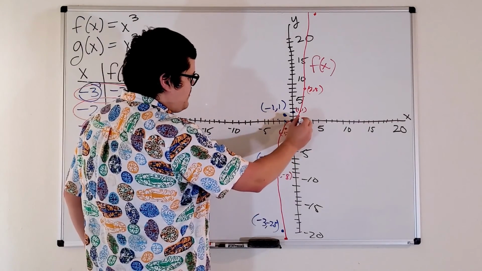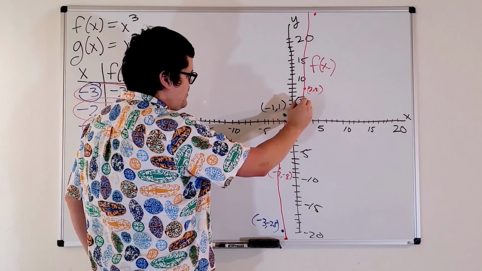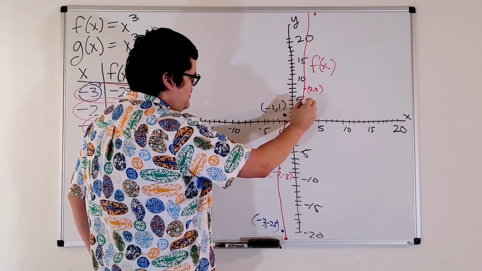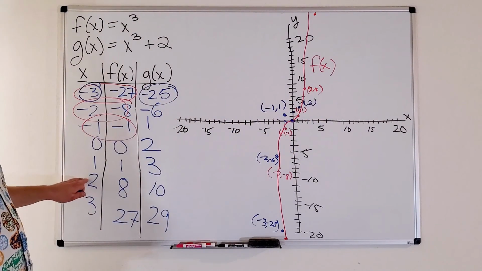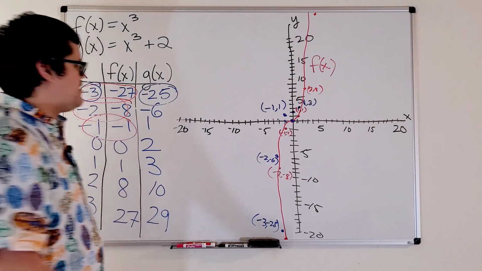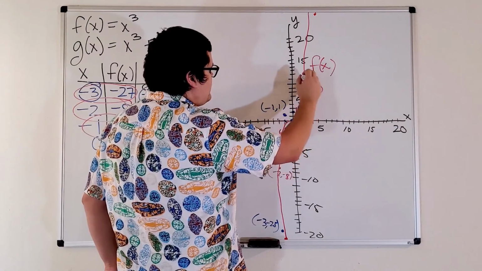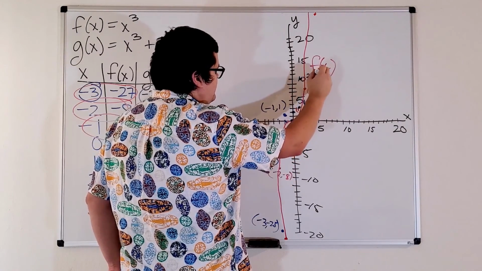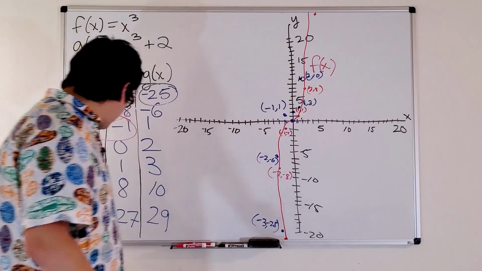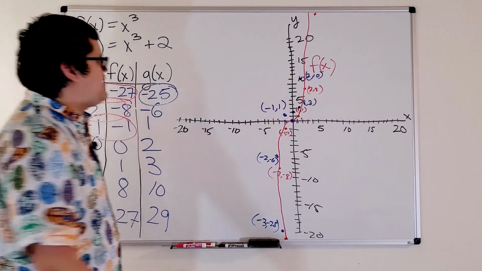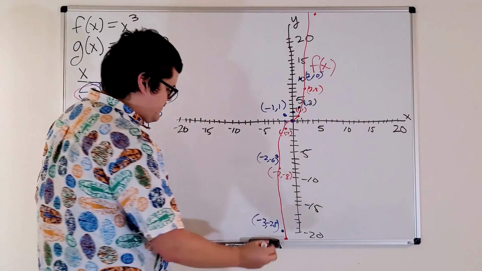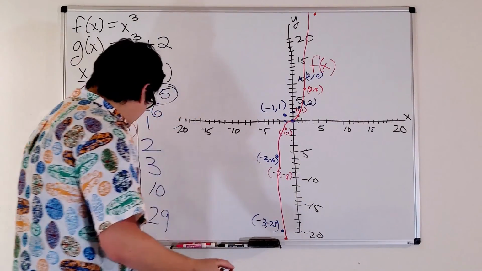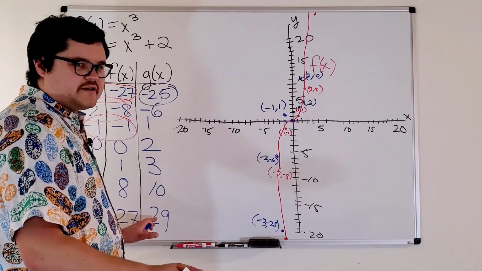So right 1, up 3. Then 2, 10. Right 2, up 10. All right. And then 3, 29, that's going to be way up there. I won't even try drawing it. Okay. So now we're going to connect the dots.